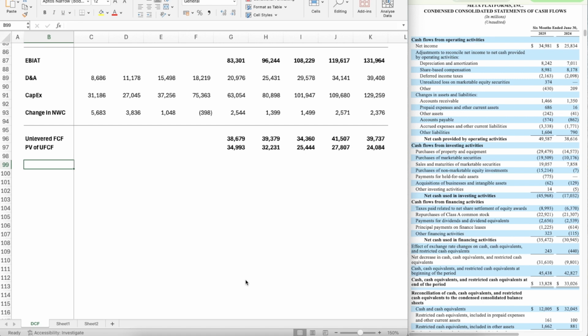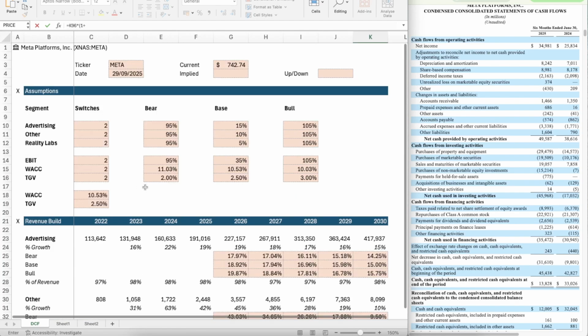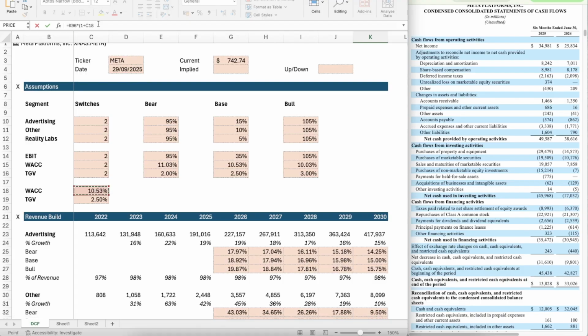So what's the next bit? Terminal value. And the terminal value is we take the final amount of free cash flow, we multiply it by 1 plus the WACC, close brackets, and then we divide by the WACC minus the terminal growth value.